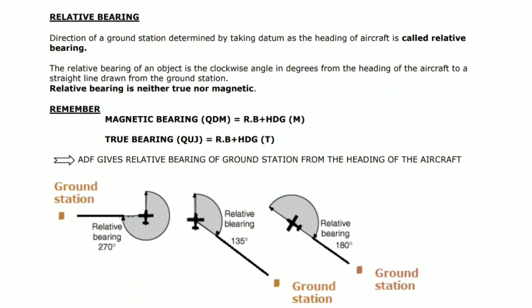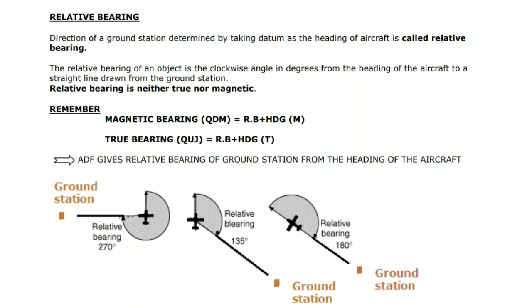True bearing, that is called QUJ, equals relative bearing plus heading true. All the Q codes, that is QDM, QDR, QUJ, we will learn in full detail in the radio navigation chapter.